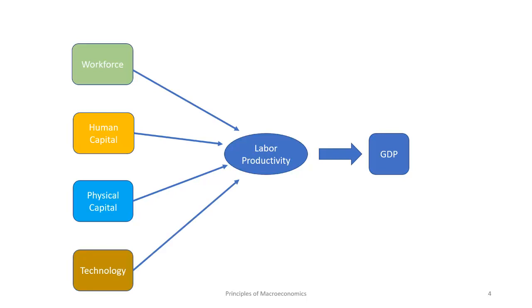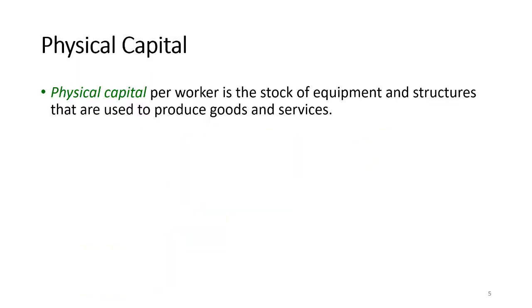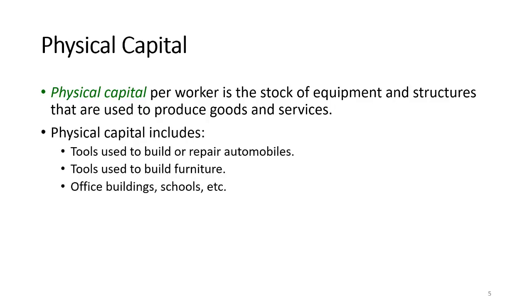So first, let's start with physical capital. And what is physical capital? Physical capital per worker is the stock of equipment and structures that are used to produce goods and services. What does it include?